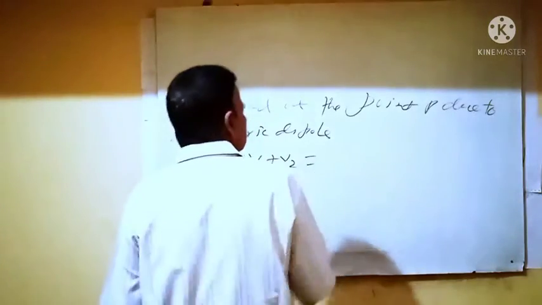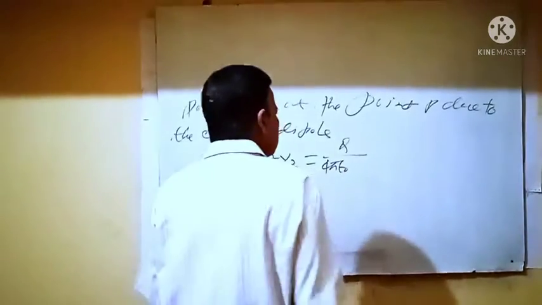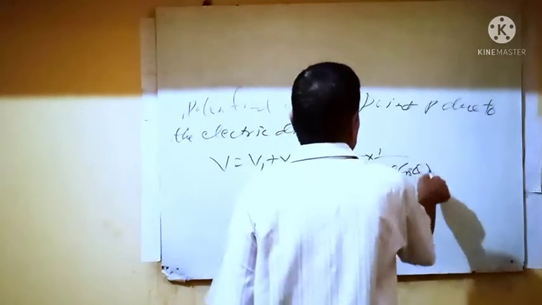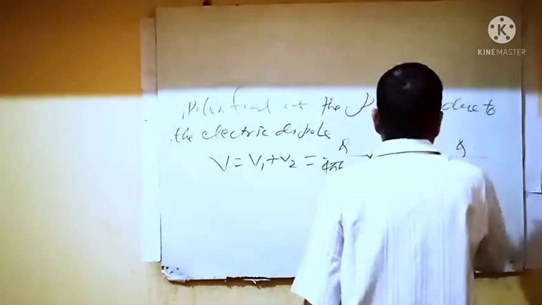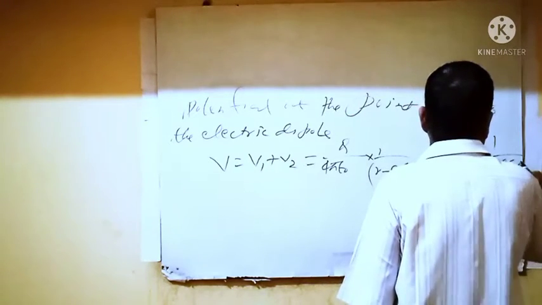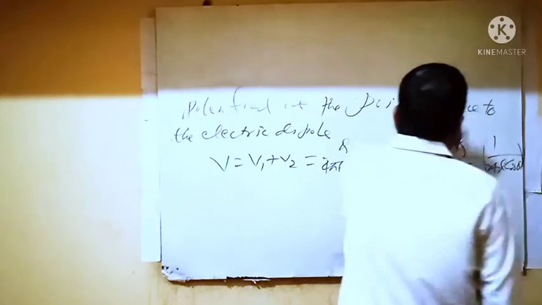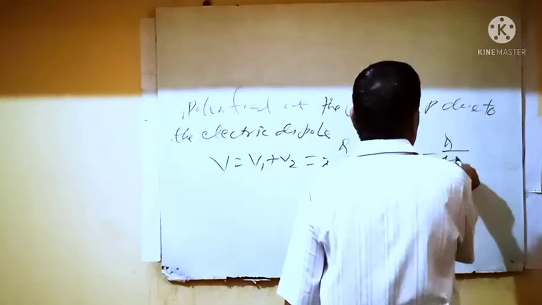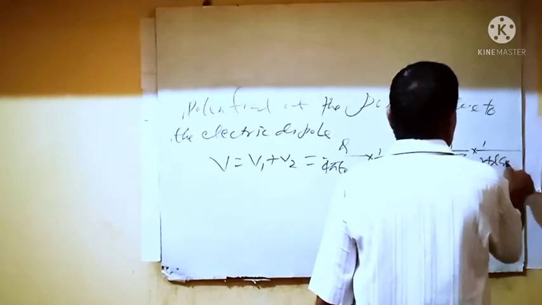That is, Q by 4 pi epsilon naught into 1 by r minus L cos theta, minus Q by 4 pi epsilon naught into 1 by r plus L cos theta.